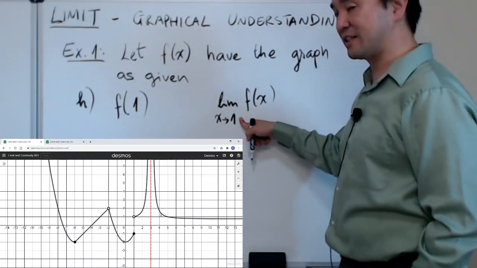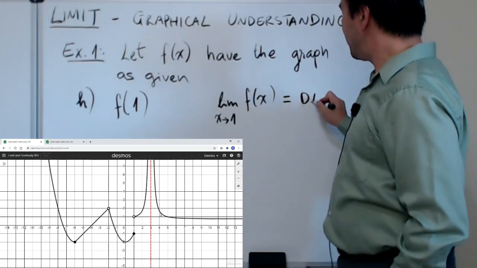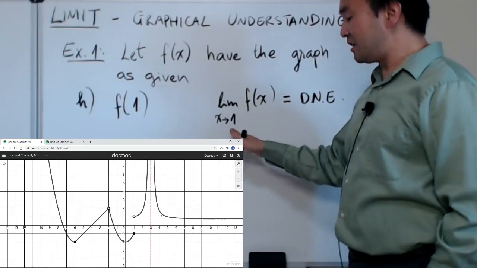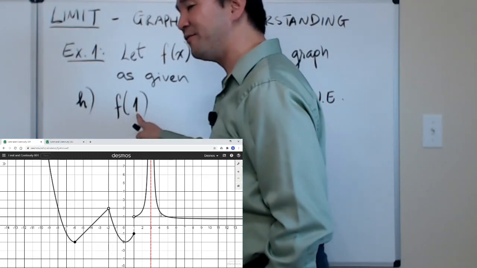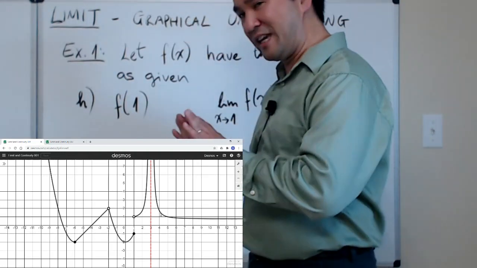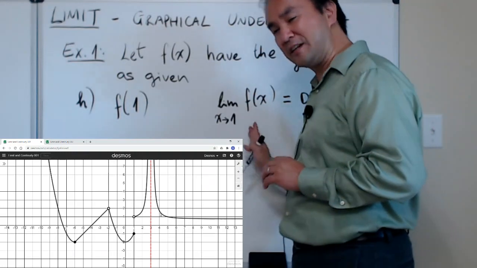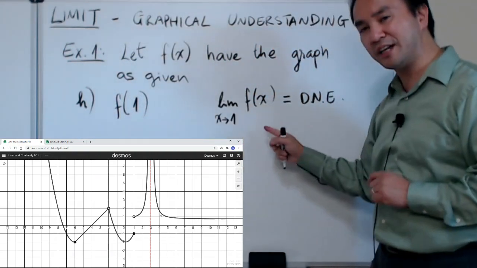And recall, if you took note, that this limit was a DNE. So we did not have a limit when x gets close to this limit point. But what happens if we're substituting in, plugging in the value? See, I keep emphasizing that it's entirely two different works. One work is substituting values in, the other work is finding limits.